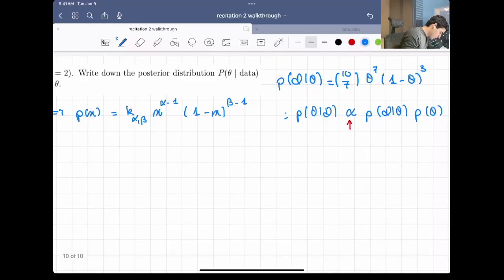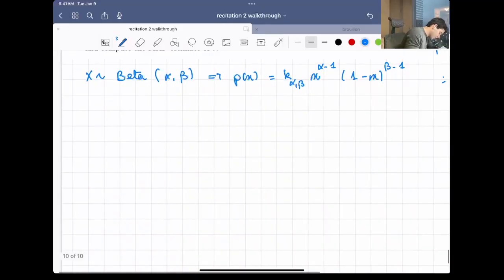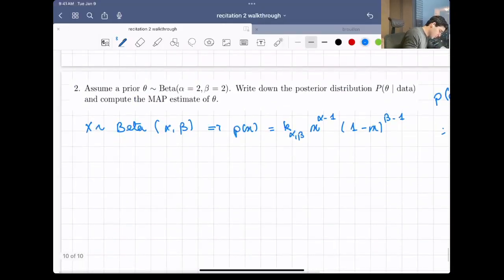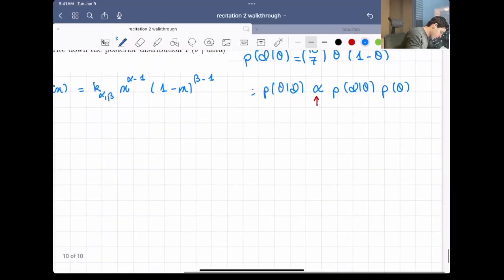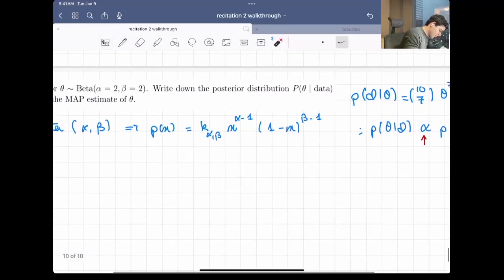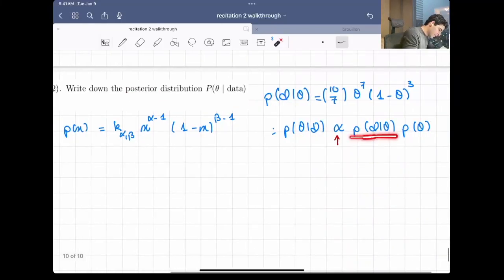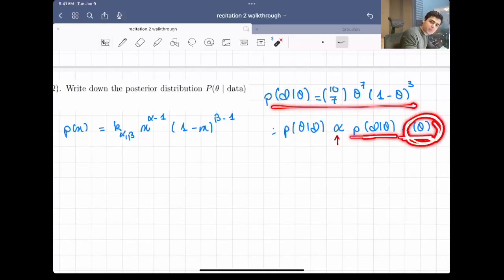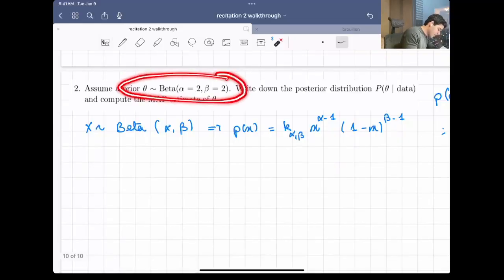So what do we have here? Theta follows a beta distribution. We're trying to find the posterior, which is this one. We already know the likelihood, it's this. We want to find the prior, and we are given that the prior follows a beta distribution with parameters 2 and 2.